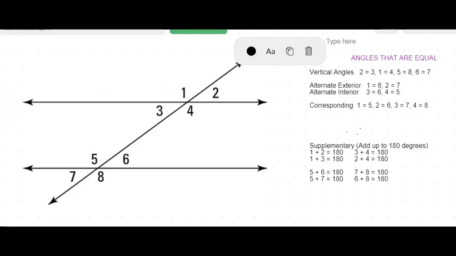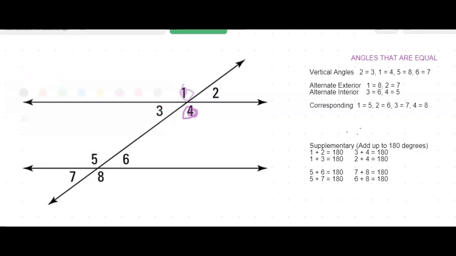So that's when I have any two angles that are across from each other. So if I look at angle 1 and angle 4 here, I have two lines that intersect, and those two angles that are formed across from each other, those are vertical angles, and they're equal to each other. So in the real world, we could measure these angles and prove that angle 1 and angle 4 are equal to each other.